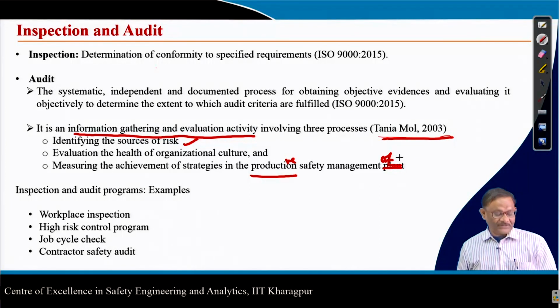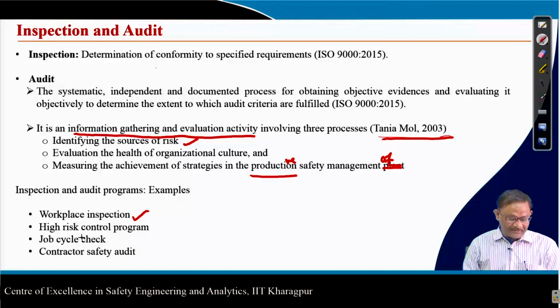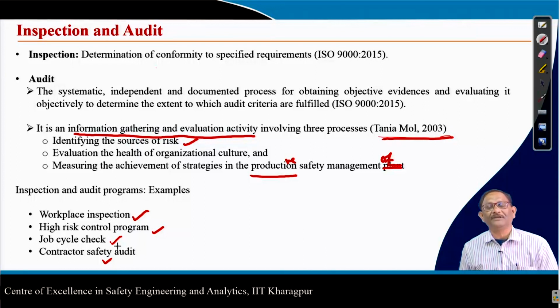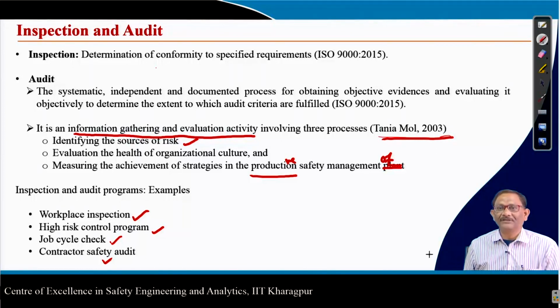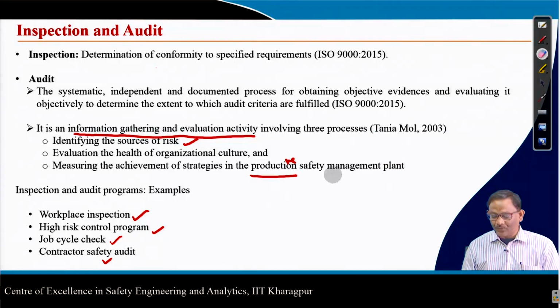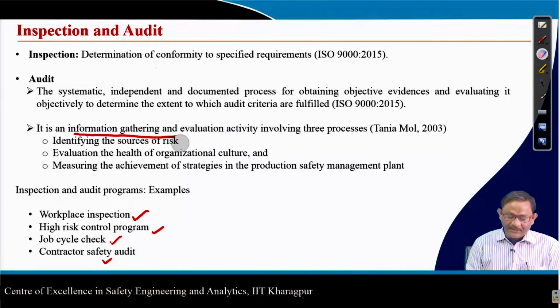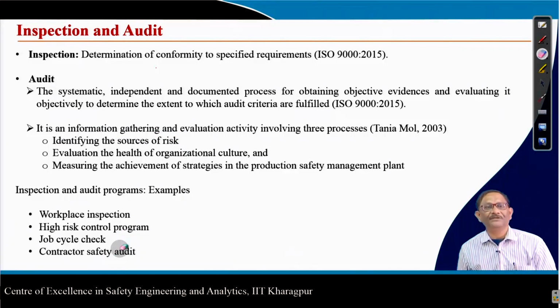Some examples are workplace inspection, high risk control program, job cycle check, contractor safety audit. These are some common programs you might all know, particularly if you are from industry. If you are a student and you Google it, you get a little more information on each of these.